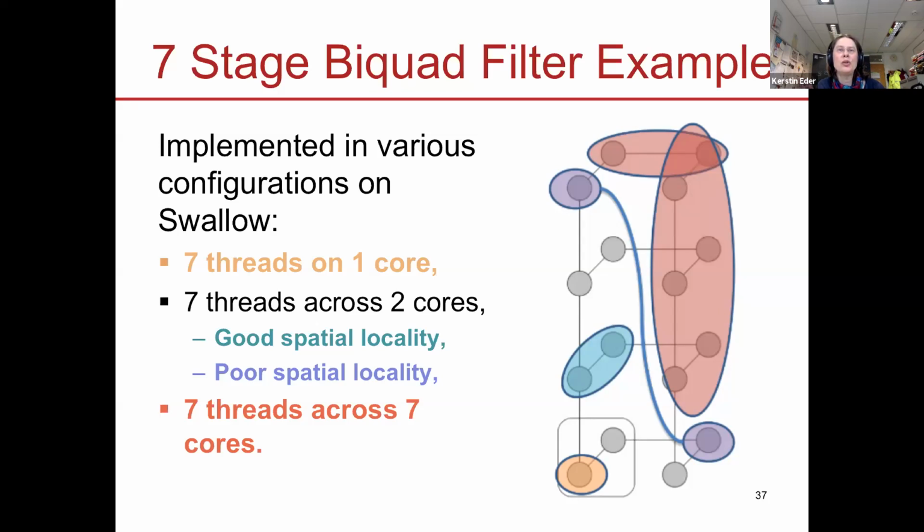Or I could choose 2 cores. Remember, the best load for the XMOS core is 4 threads, because the 4 threads fit into the pipeline. The pipeline is effectively full with 4 threads. So I could just use 2.